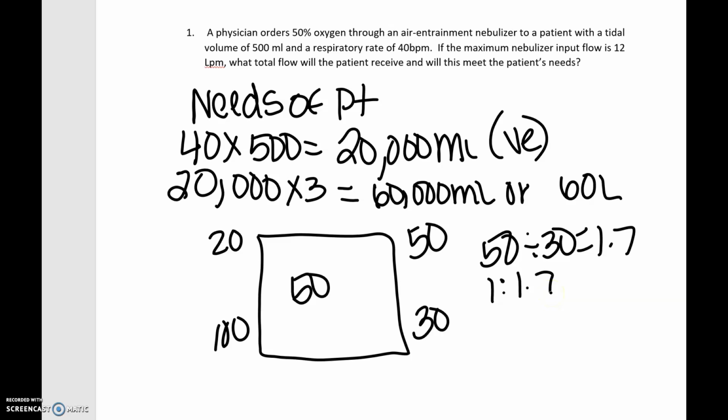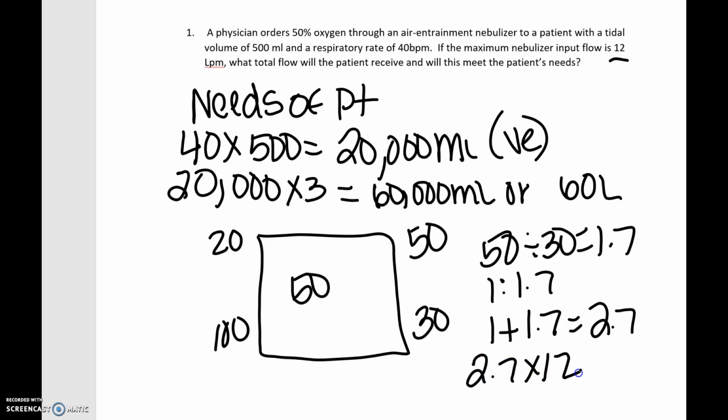So then we're going to add those two numbers together. So 1 plus 1.7 is 2.7. And then we would multiply that by the liters per minute that the nebulizer is flowing at, which is 12. So we would take 2.7 times 12, and that gives us 32 liters. Well, it says that the patient is requiring 60 liters.